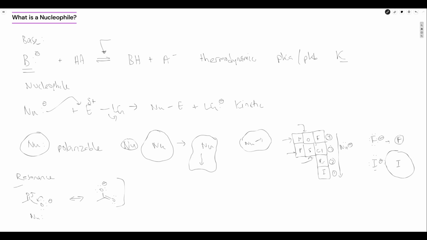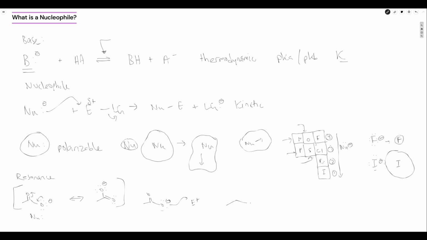What it means is that the electron cloud around the anion is delocalized within the molecule, and it's therefore kinetically not as available as it might be if resonance wasn't a factor. In this case, that O minus is being delocalized over the entire acetate group, and so the electron cloud is less available to attack an electrophile. So in fact, an acetate is generally not considered a very good nucleophile at all.